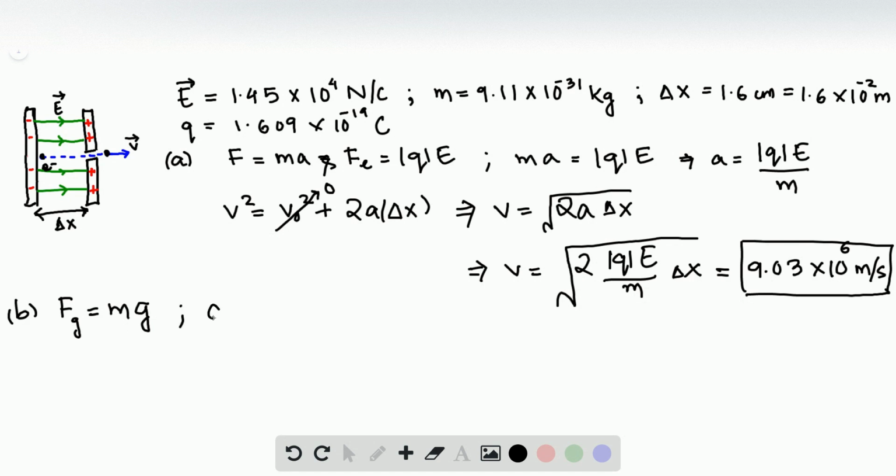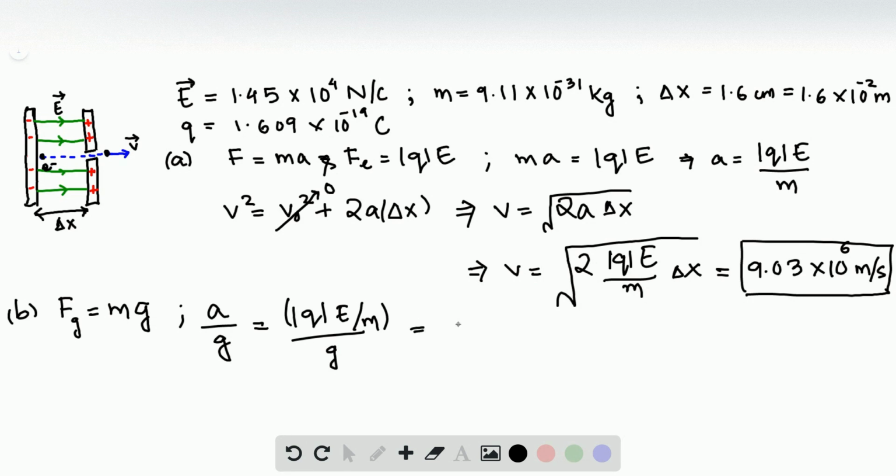So let's find the ratio of the acceleration of the electron to the acceleration due to gravity. And this is equal to, from this equation, the magnitude of charge of the electron times E over m divided by acceleration due to gravity.